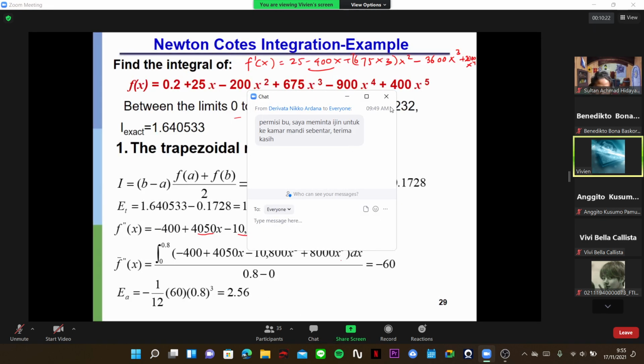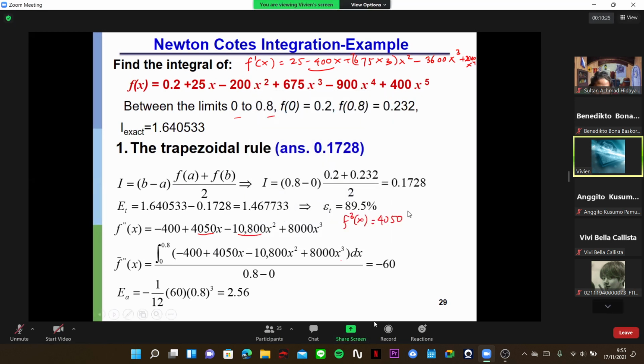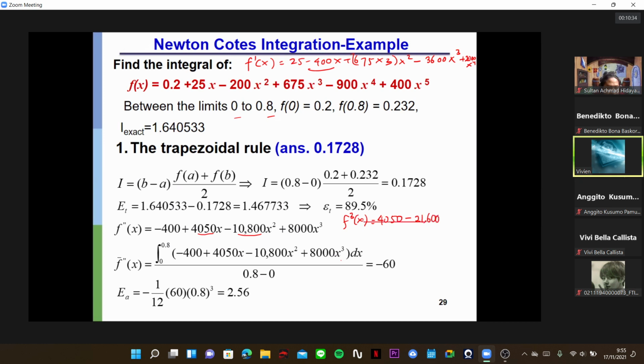That will be equal to 450 minus 21,600 x plus 24,000 x squared. So the fourth derivative will be minus 21,600 plus 48,000 x.